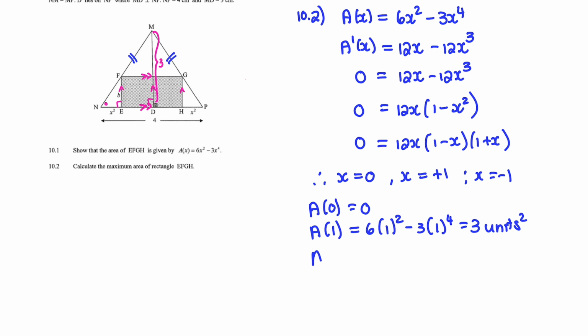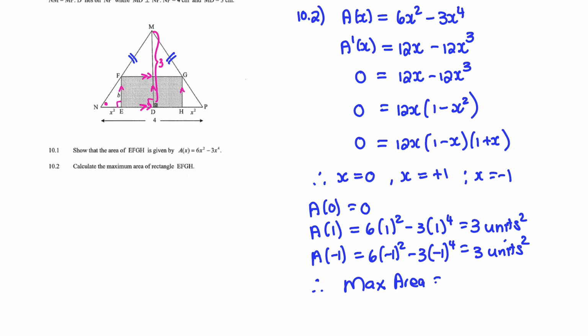And when x is equal to negative 1, I have 6 times negative 1 squared minus 3 times negative 1 to the power of 4, which is also 3 units squared. So therefore, the maximum area of the rectangle is equal to 3 units squared.